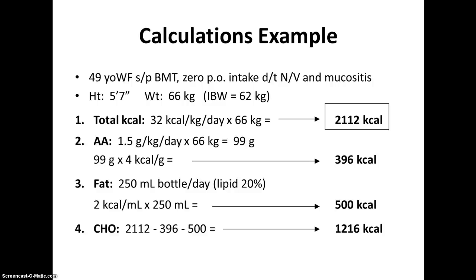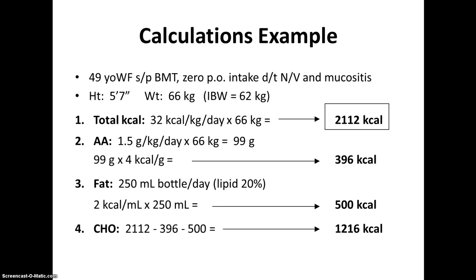I know that provides 2 kcals per every ml. So a 250 ml bottle, which is what we use for most adults, provides 500 kilocalories per day. The 100 ml bag provides 200 kilocalories, and that's what we use for smaller people, usually people less than 60 kilograms of body weight.